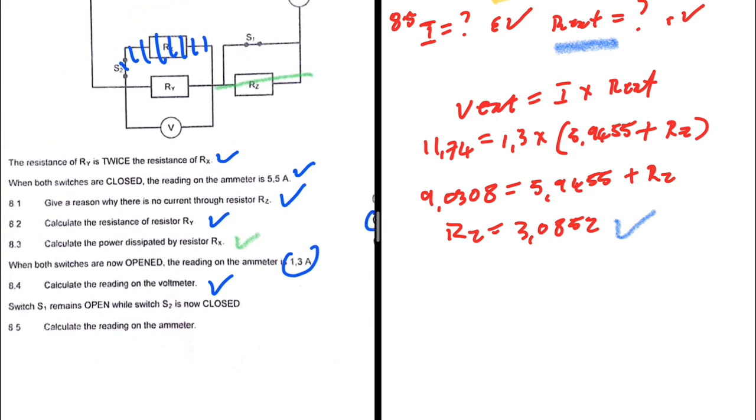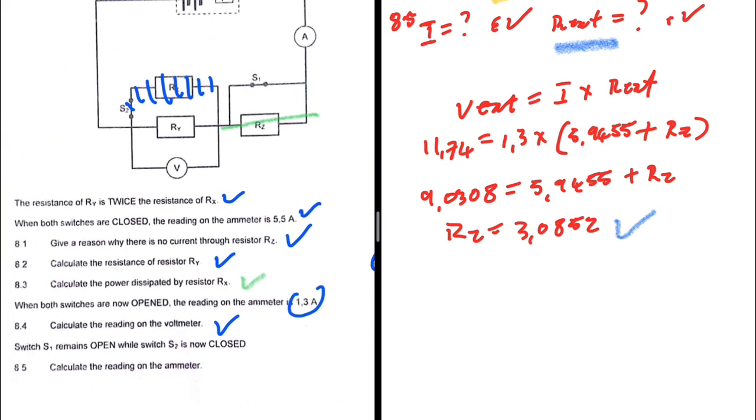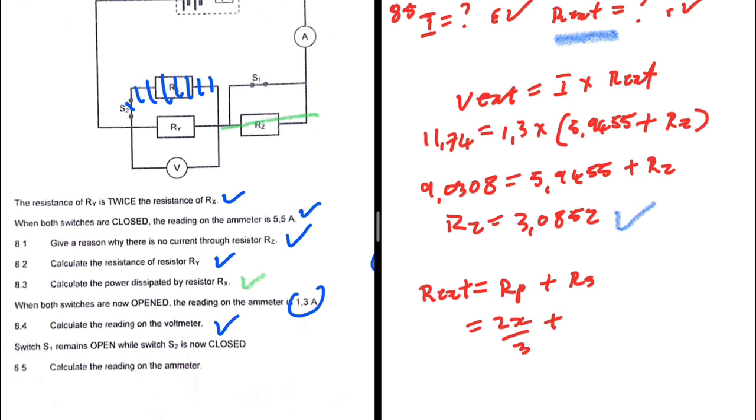So now we can work our magic. Switch S1 remains open, so Rz is receiving current, while switch S2 is now closed. So we have those three resistors now taking part. So R external, when all three resistors are taking part, is going to be RP plus RS. RP is 2X over 3 plus RS.